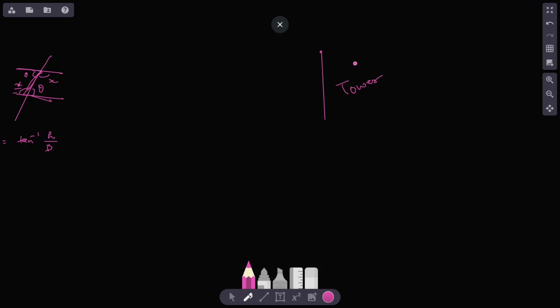That is the question. Sorry, 60 degrees from the tip of the tower. This is the sun.